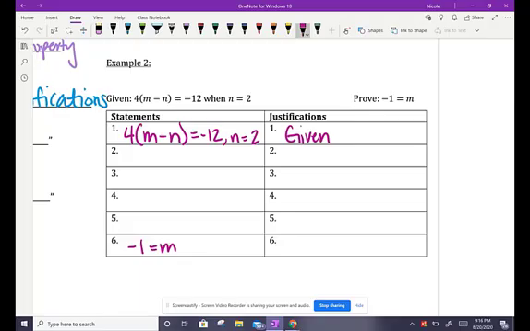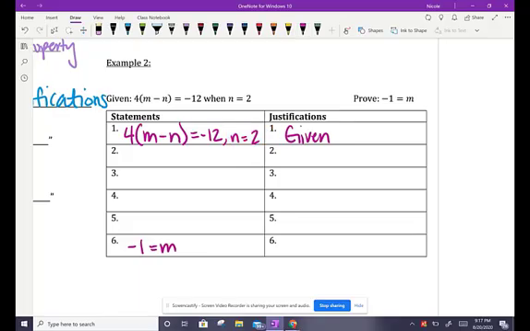Now, you could attack this 2 different ways. I suggest taking into account this provided piece of information, that n equals 2. If that means you can replace n, what is that called when we can replace a term with another that it's equal to?